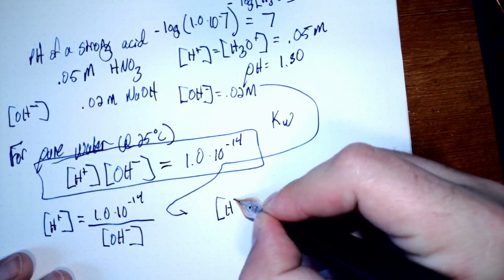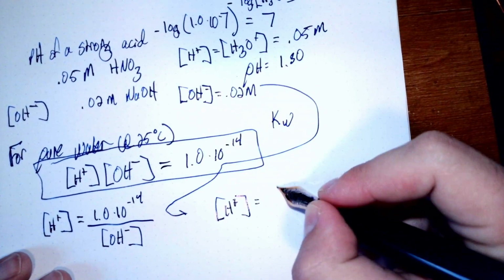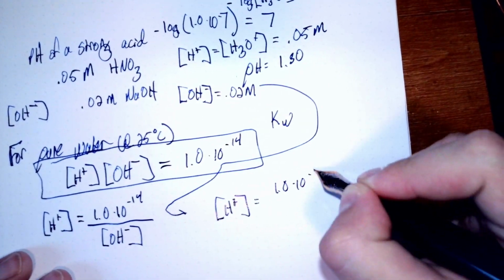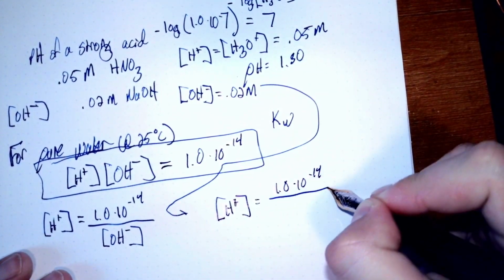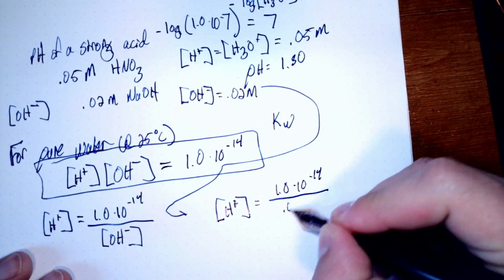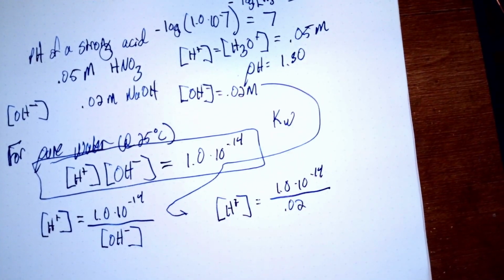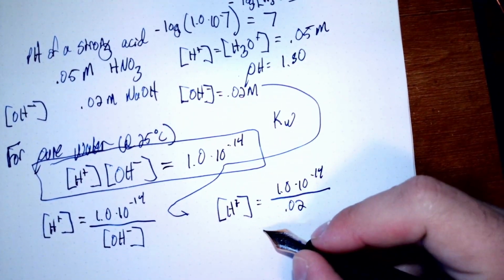Our H plus concentration is going to be equal to 1.0 times 10 to the minus 14 divided by 0.02, which is 5 times 10 to the minus 13.